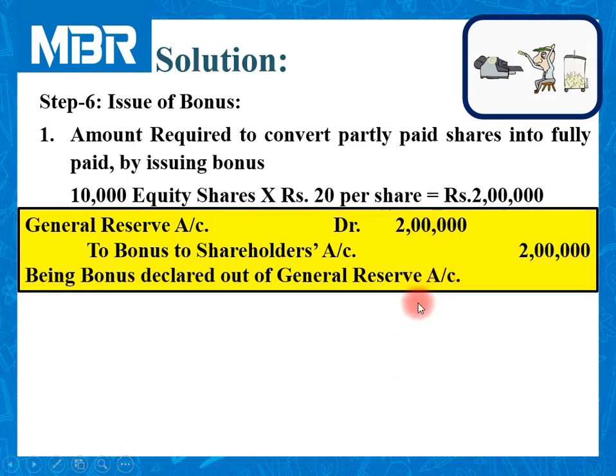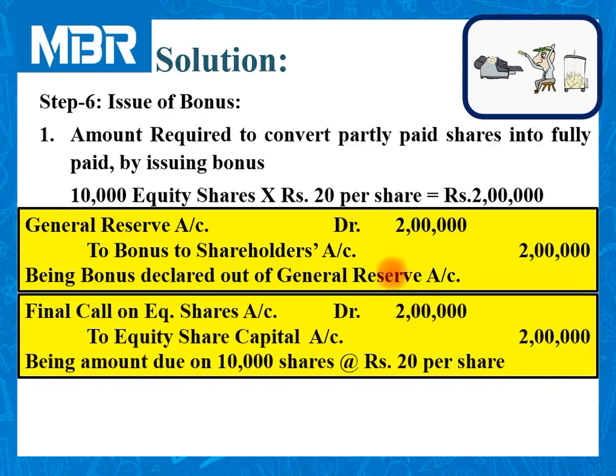Now these shares are partly paid up, so we need to follow the procedure. Make a call. Final call on equity share capital account debited 2 lakhs to equity share capital 2 lakhs. We have made a call. Generally, after making a call, we are in receipt of the amount and bank account is debited.